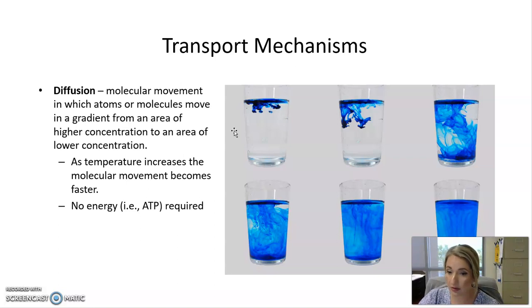Collectively, diffusion is the movement of molecules from an area of high concentration to an area of lower concentration until an equilibrium is established, which basically means there's an equal number of molecules throughout. Again, this does not require energy, and it speeds up at increased temperatures.